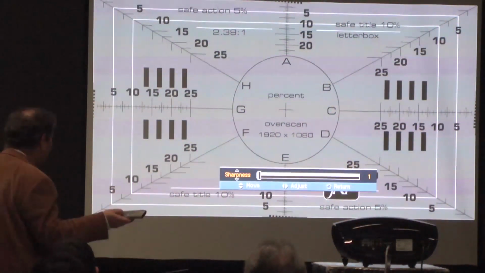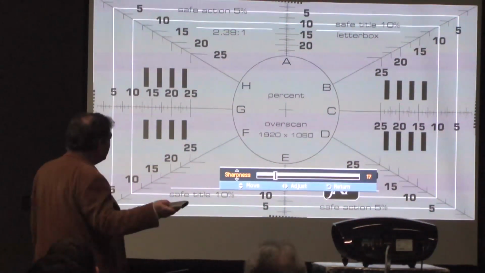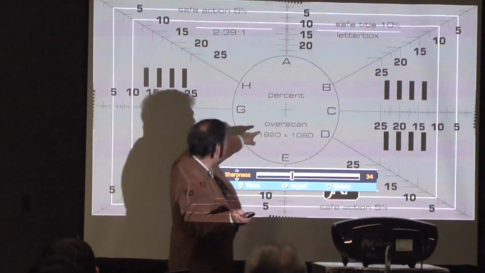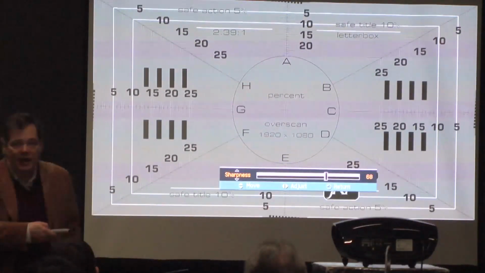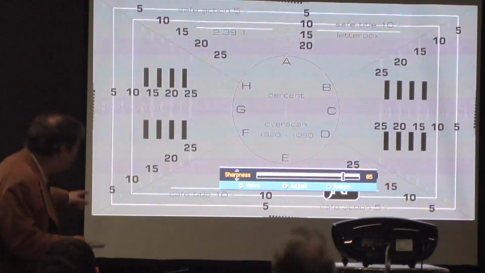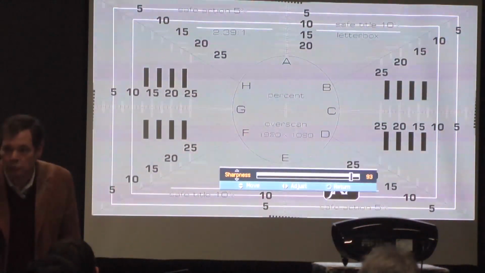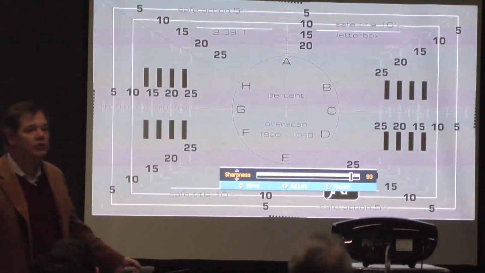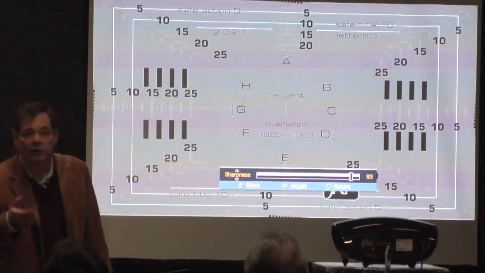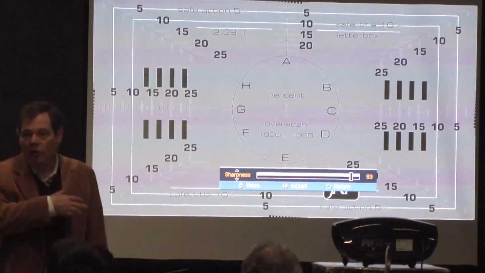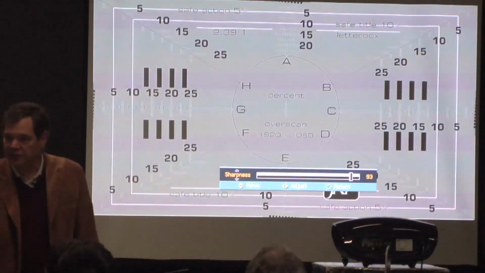In other words, this can get so bad, the distortion that this is adding to the picture can get so bad as to almost totally obscure real detail. So how would you ever know what the display is doing in real detail if there's a control that's obliterating real detail?